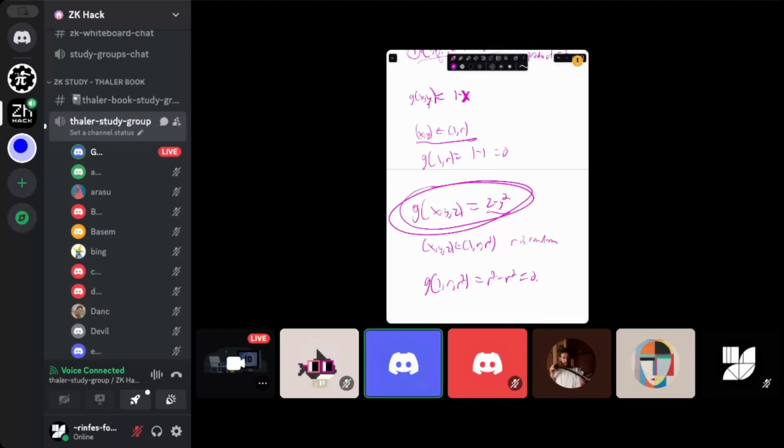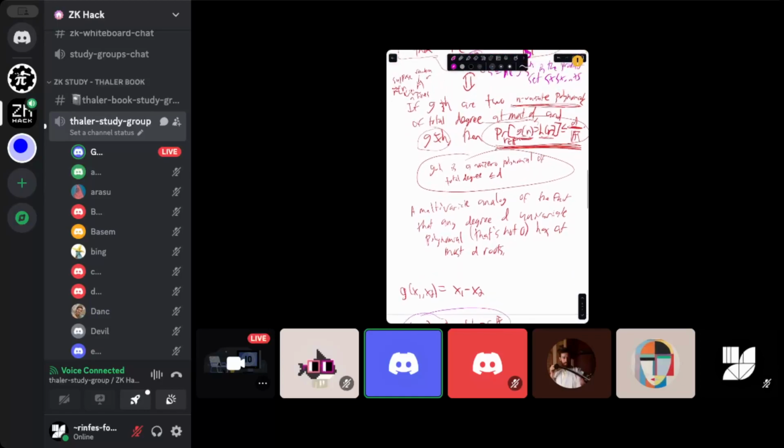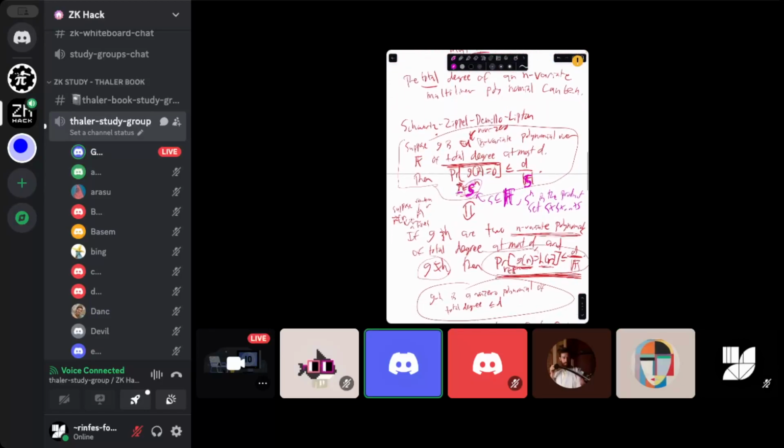Whereas in all the univariate SNARKs, you see roots of unity and stuff like that coming up over and over again. And that's natural in the univariate case. But Schwartz-Zippel is basically a statement about multivariate polynomials, and product sets and multivariate polynomials go together very nicely. That's the most I can say about it right now.